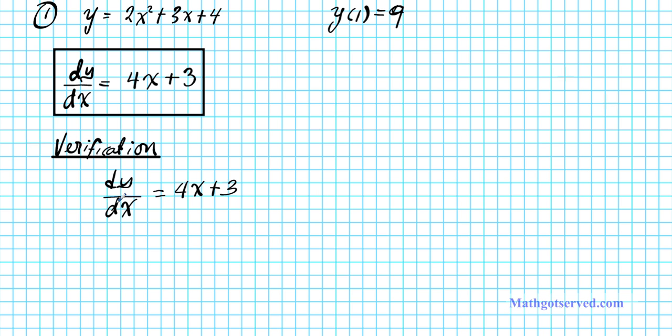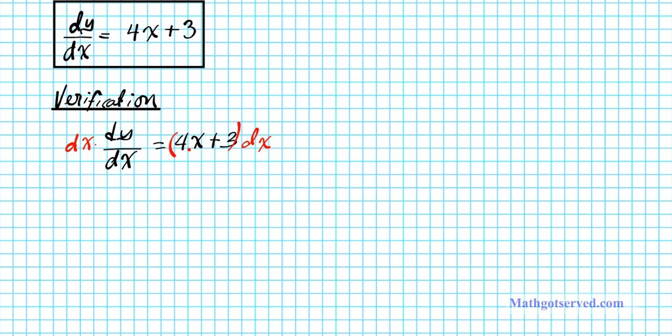Now you notice this dx down here in the denominator on the left side. We need it on the right side, so what we'll do is we'll multiply both sides by dx. So the resulting equation is going to be dy equals 4x plus 3 dx.